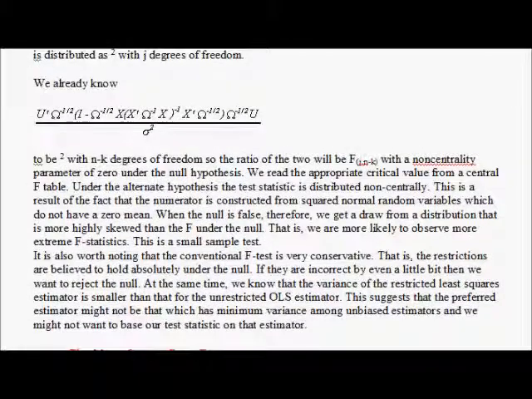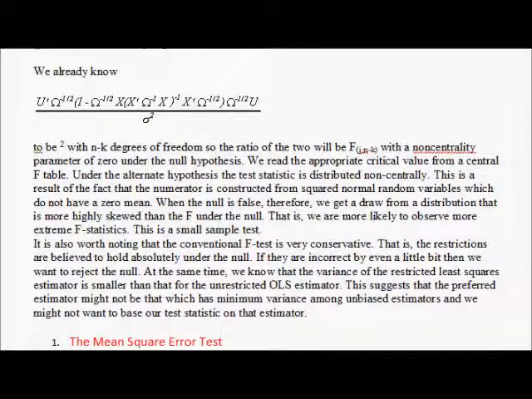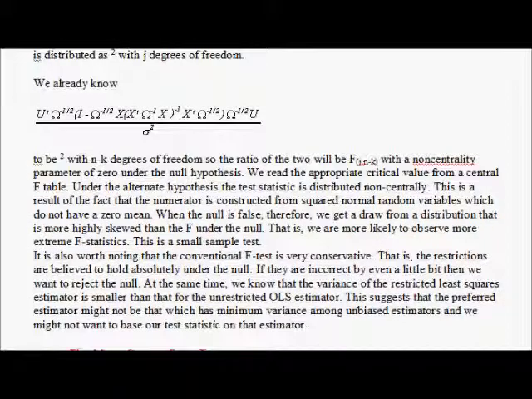When my null and alternate are stated that way, I've agreed beforehand that the F statistic that I conventionally construct is not constructed from central chi-squares, because they're not constructed from normal 0, 1 random variables.